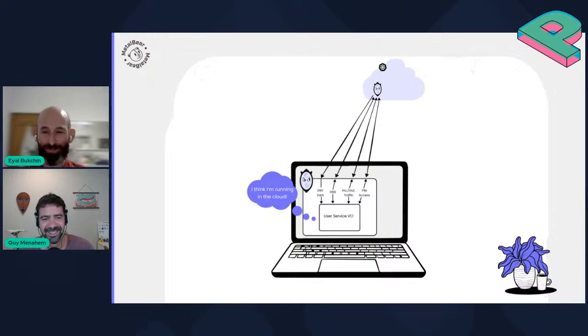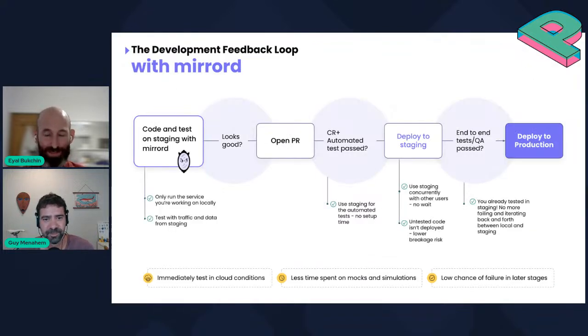Yeah, absolutely. And just to wrap up the idea, with MirrorD, this is what the dev loop looks like: you code and test locally, but remotely on staging. And so you get high quality testing right from the get-go.